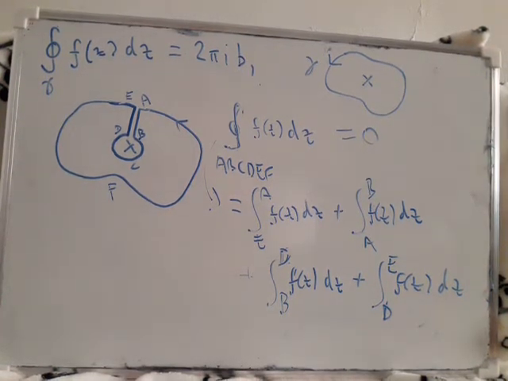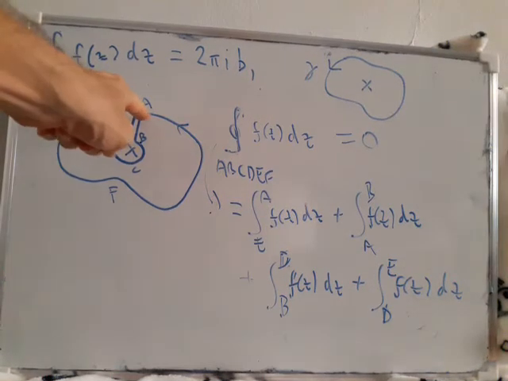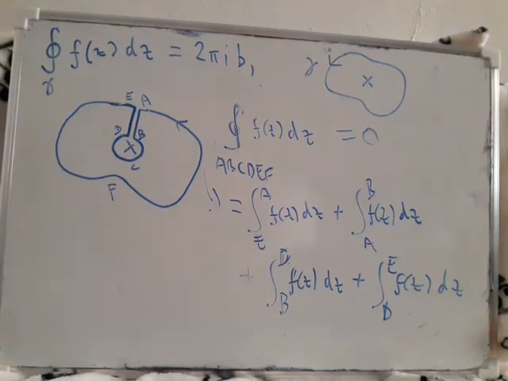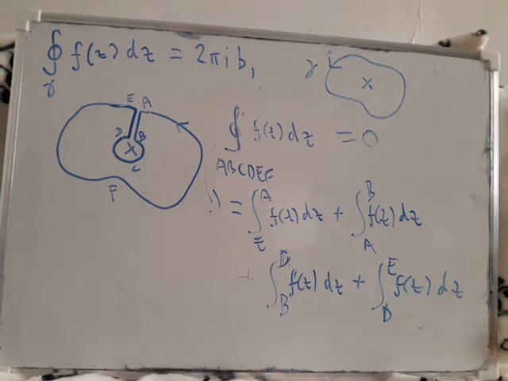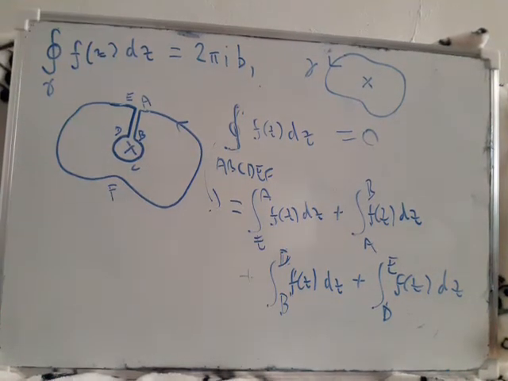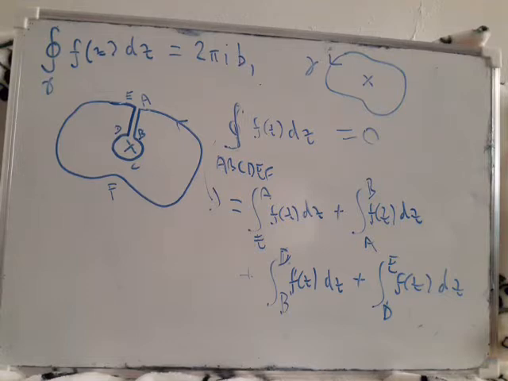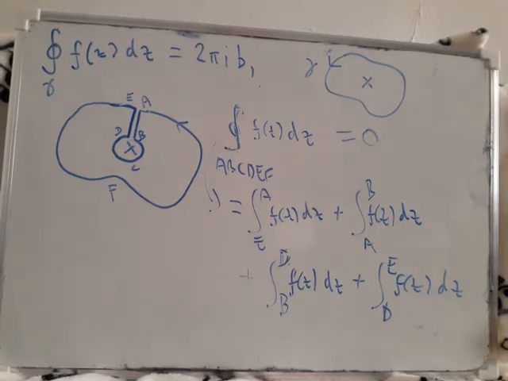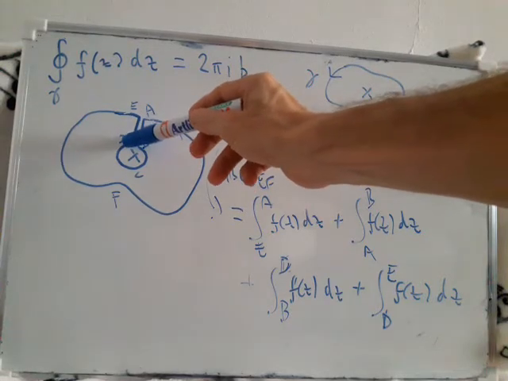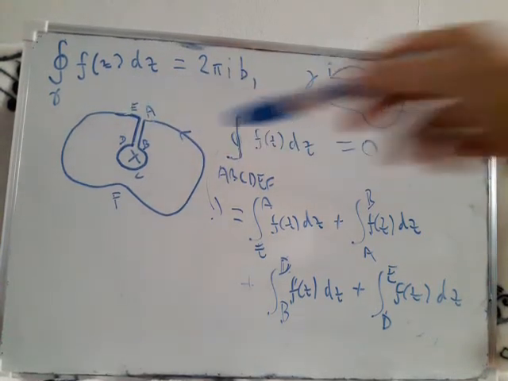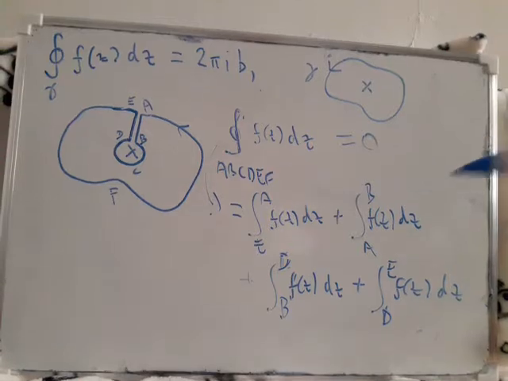So now we consider the limit as A gets closer and closer to E. So as A gets closer and closer to E, D and B also get closer and closer. So what we can say is that this integral here, which is in this direction, cancels out this integral here.